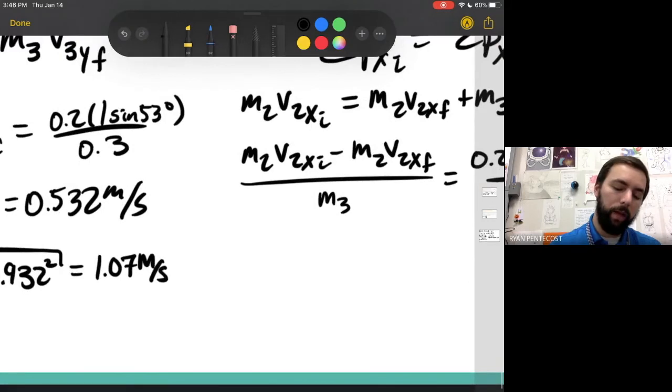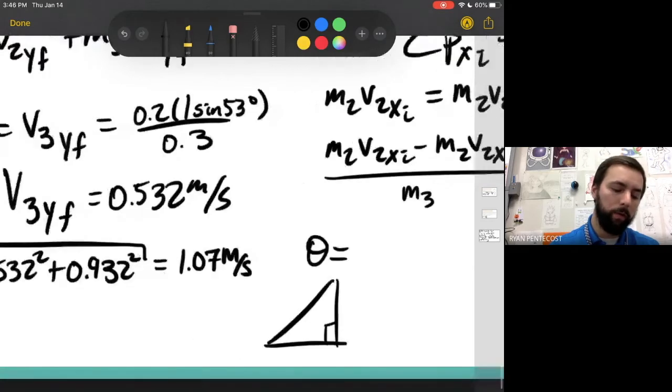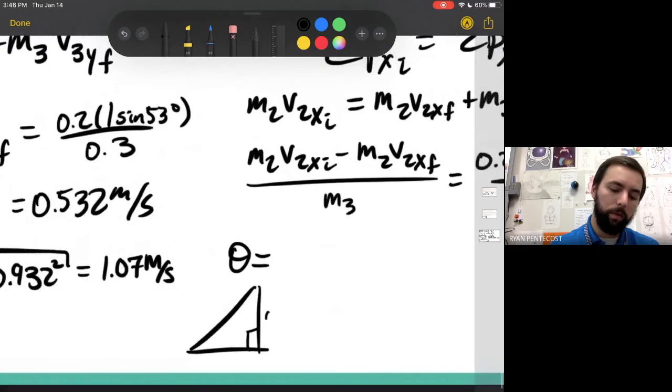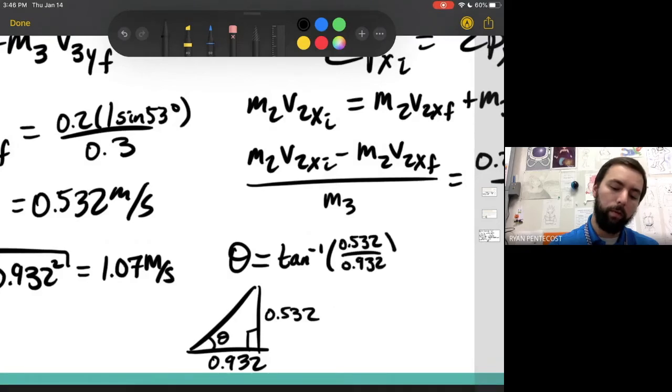Then if you need that angle theta, we've got our triangle. The y was 0.532 and x was 0.932. So you would do the tangent inverse of the opposite over the adjacent: 0.532 divided by 0.932.